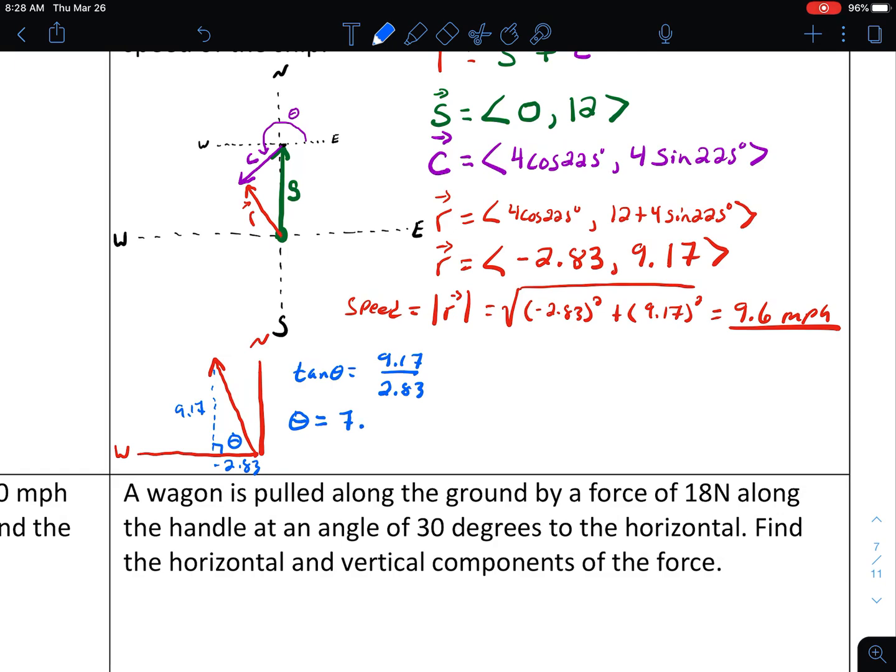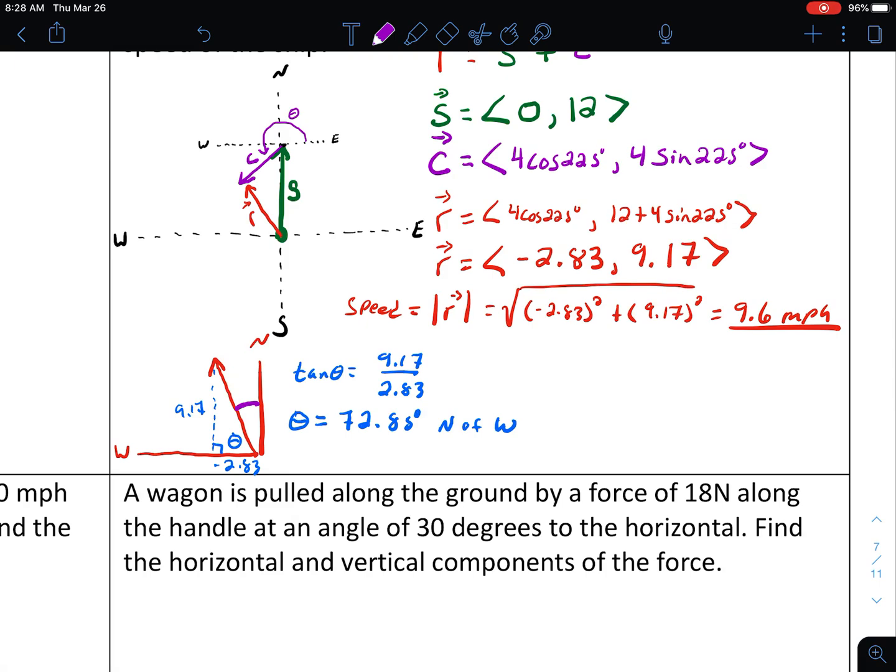So theta here is 72.85. Now I can actually use that to give a direction measure of the ship, because that is the number of degrees north of west. I could also take that same measure and say, usually if you're given direction angles in that kind of style, you want to use a smaller number, so I would find the angle between that vector and north.